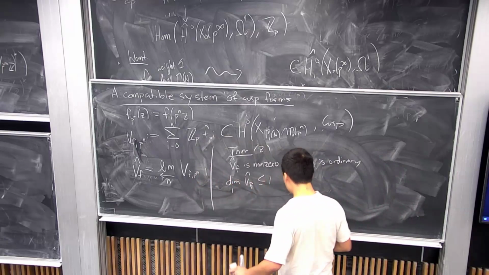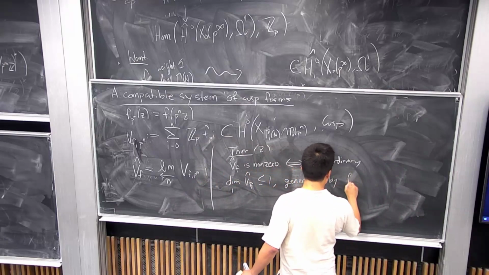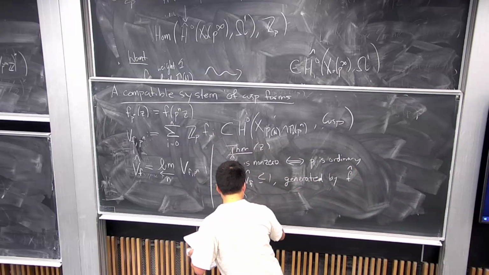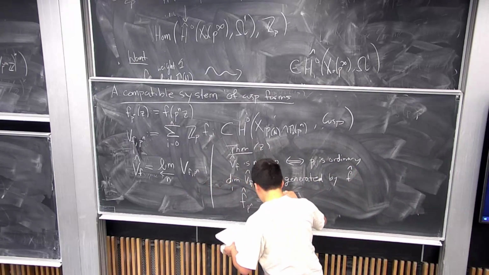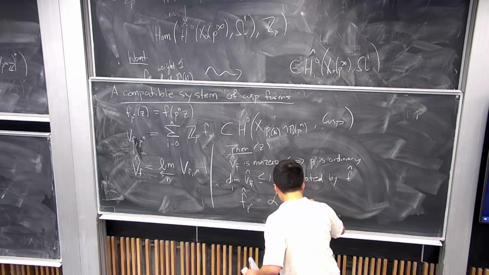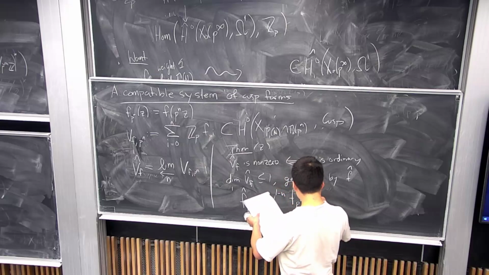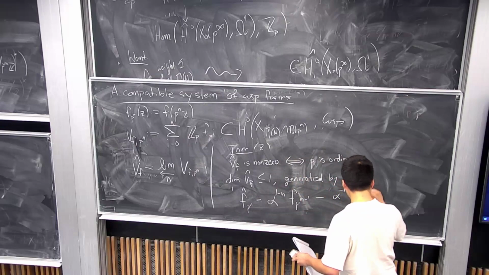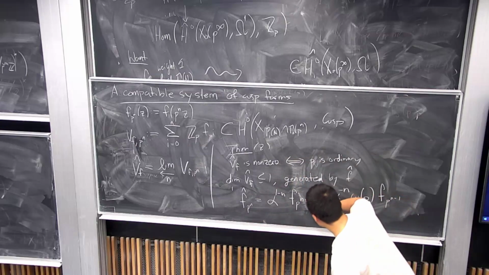So it's at most one-dimensional, generated by f hat, which looks like, at each finite level, alpha to the 1 minus n, f at p to the n minus 1, minus alpha to the minus n, the central character of f, of p to the n minus 1.